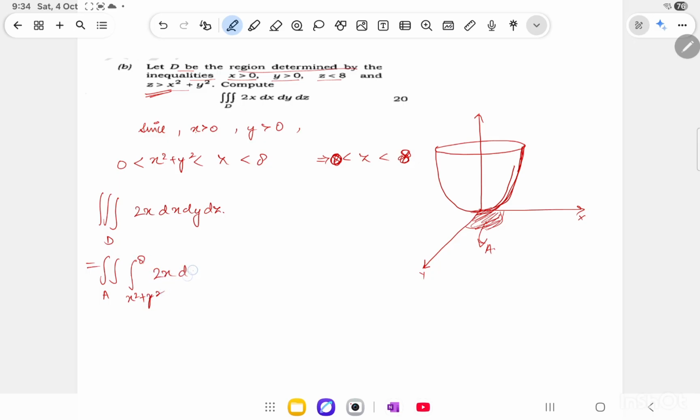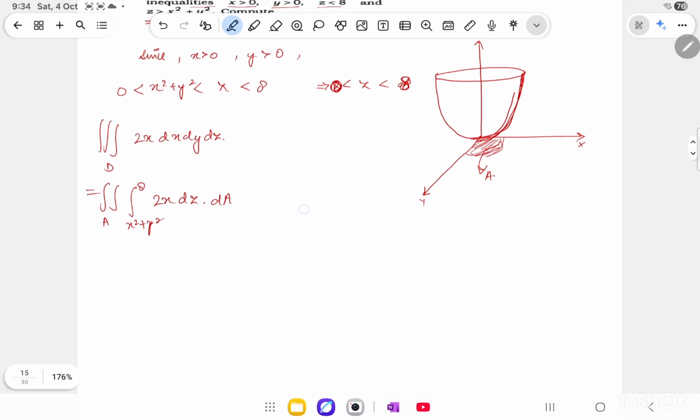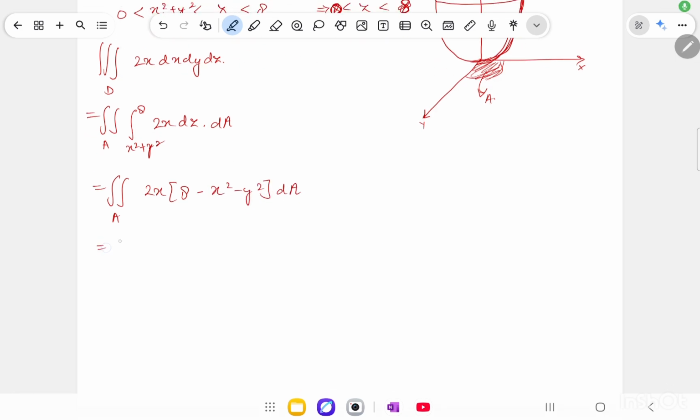So it will be 2x dz into dA, which equals the double integration over A of 2x times (8 minus x square minus y square) dA. What we can do here is reduce it to polar coordinates. Let us assume that x equals r cos theta, y equals r sin theta. So our dA, which is basically dx into dy, will be r dr d theta.